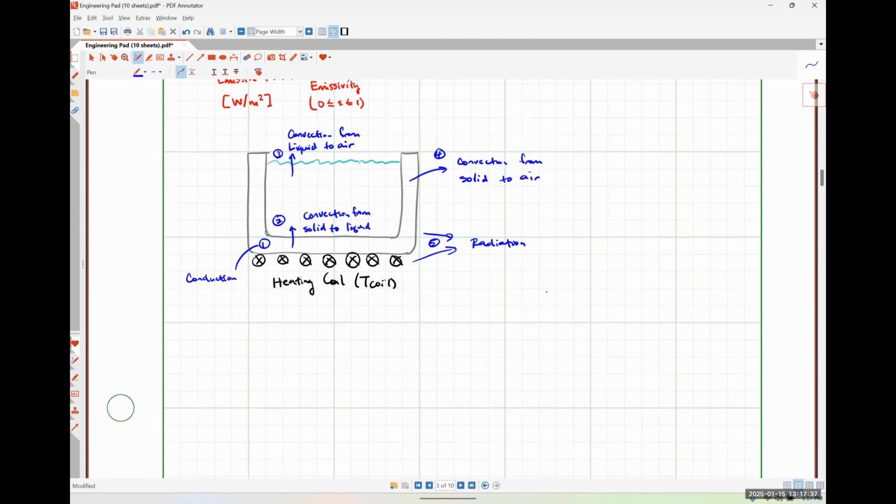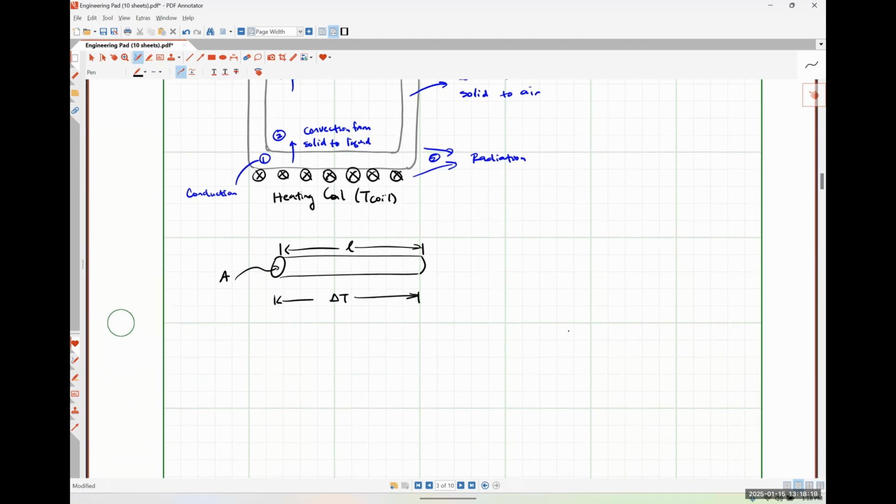So if we had a simple longitudinal rod having some length L, some cross-sectional area A, like so, and let's say that there was some temperature difference between the ends of this rod that we will just call delta T. There is our thermal gradient.